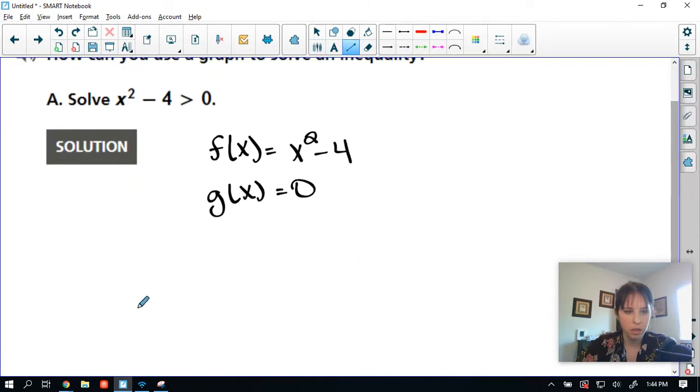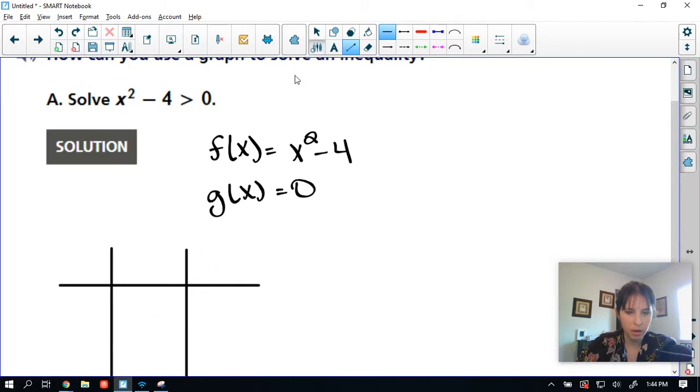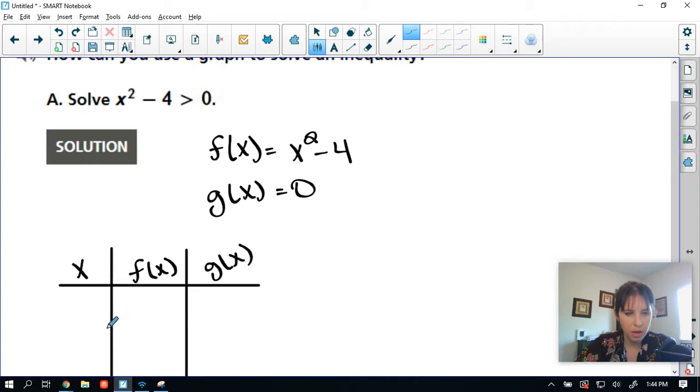Actually, so again, you could make the t-table, or the h-table in this case. And then you could have your x and your f of x, and then your g of x. And I would pick numbers around 0, because g of x, no matter what, is going to be 0.